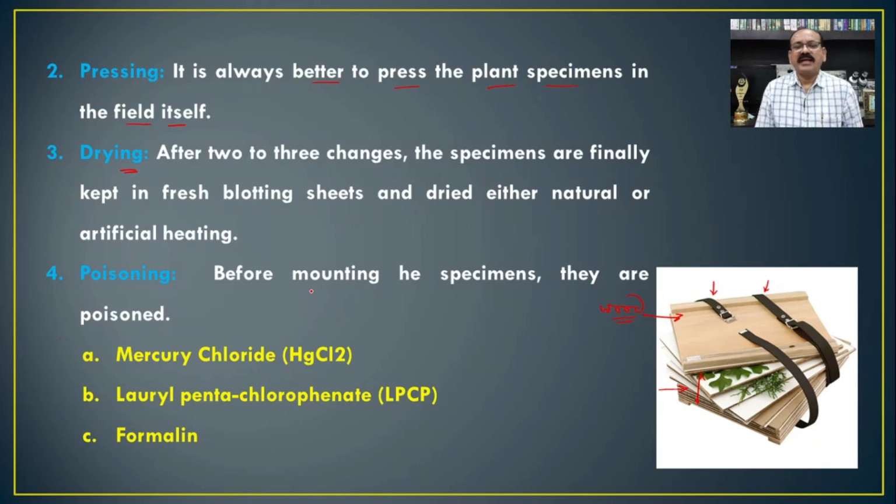Now every time, after 24 hours, or 48 hours, or 72 hours, depending upon the type of plants which are collected and the season in which we have collected the plants, there is a need to change the paper in which these plant specimens are collected and pressed in the plant press, or the blotting papers.